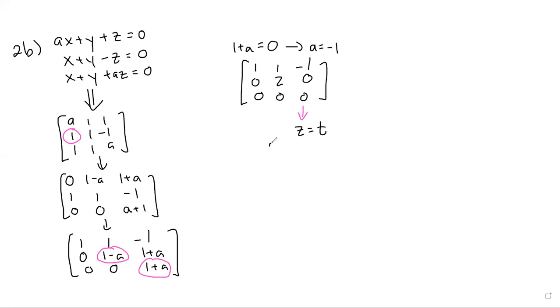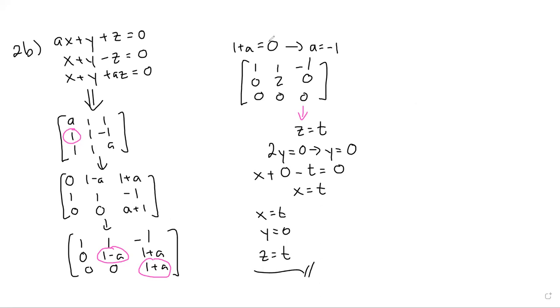The second equation tells me that 2y equals 0, so y is 0. And the first equation says that x plus 0, because that's y, and then minus z, which is t, is 0, so x is t. And so my solution is x is t, y is 0, and z is t.